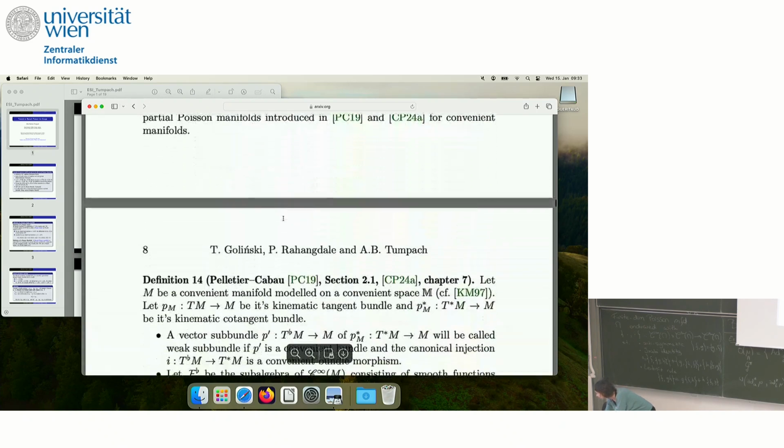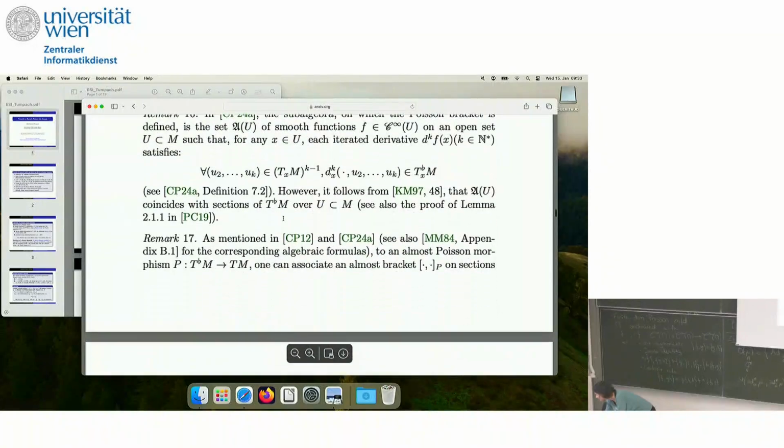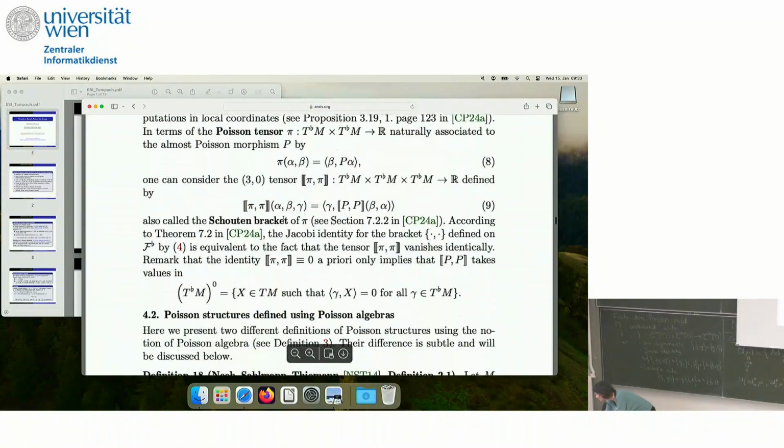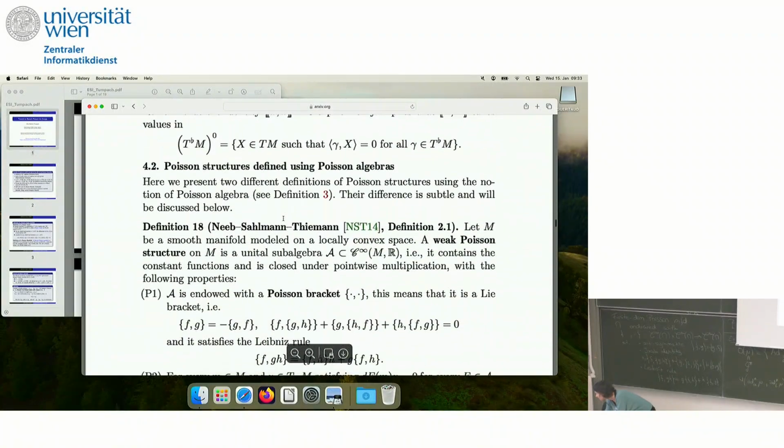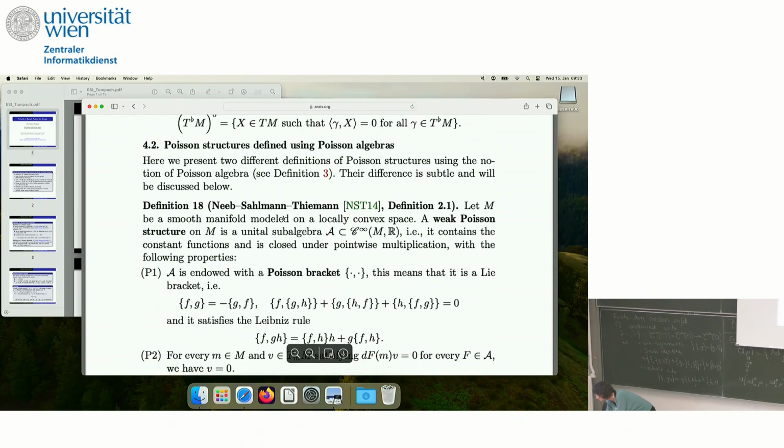This is then the second approach you can see in this paper, where we give the definition of all this. This is more the approach of Neeb, Salmasian, and Thiemann, where we ask for a Poisson bracket defined on a subalgebra of smooth functions defined on the whole manifold.